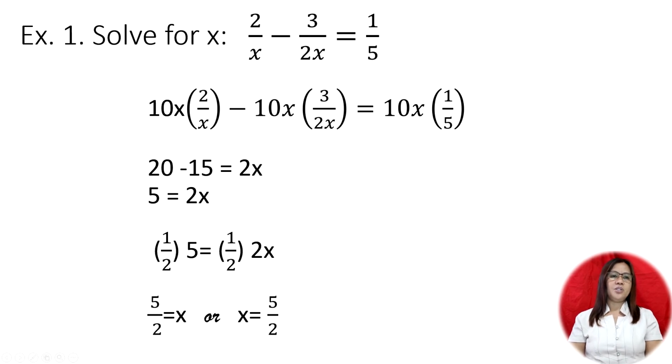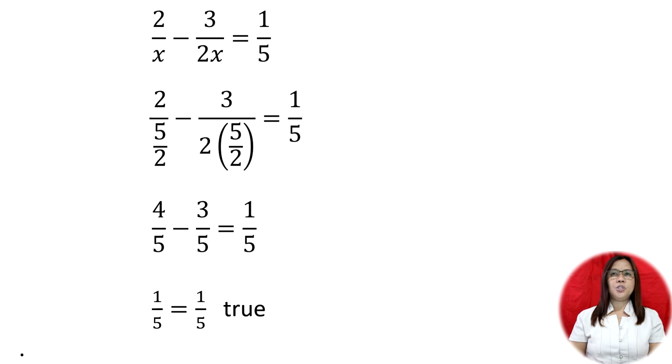To check the solution, substituting x = 5/2 in the original equation must make the equation true. From the original equation, 2/x − 3/(2x) = 1/5.